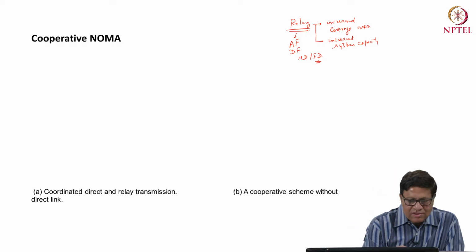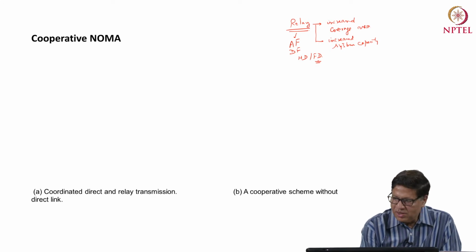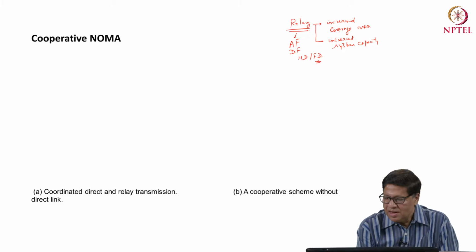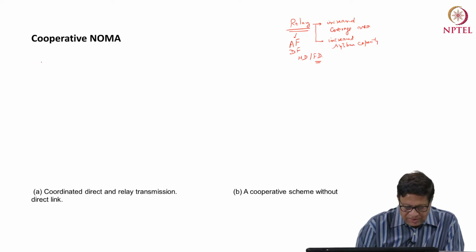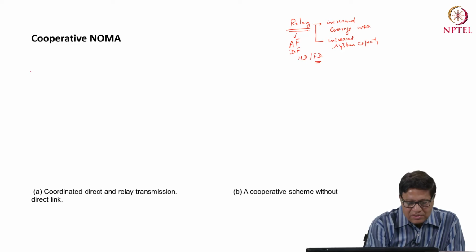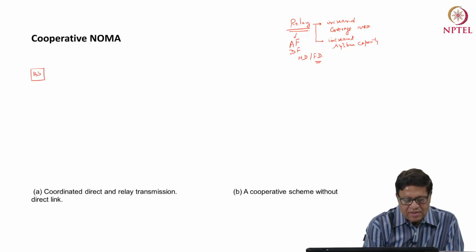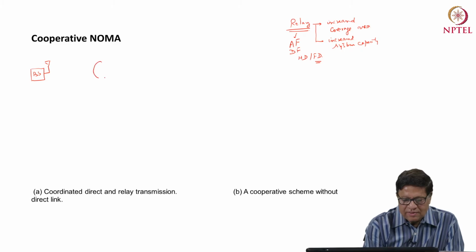So let us understand through a diagram how NOMA using relay can give you advantage in terms of increased area and also increase of system capacity. First I am discussing a coordinated direct and relay transmission with direct link. So suppose this is your base station. This is the antenna, and the relay is somewhere here.